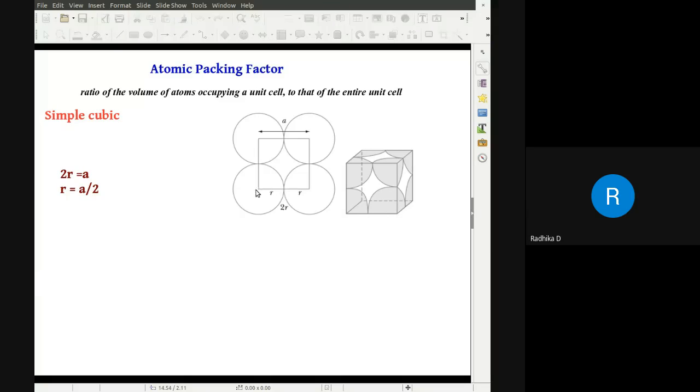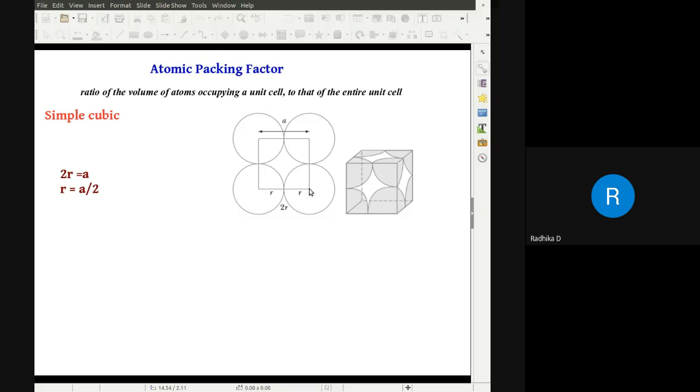I know that from the center of the atom to the edge of that atom, it will be the radius, because this is like a circle in 2 dimensions or a sphere in 3 dimensions. So if I measure from the center to the edge, it will always be equal to the radius. This is the radius of the first atom, left side, bottom. Next, right side, bottom, another atom.